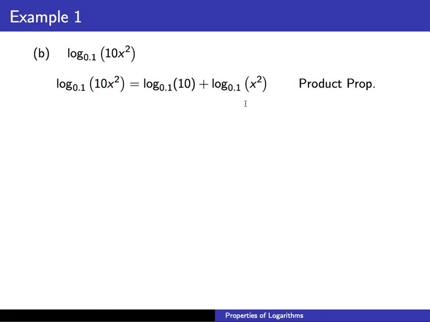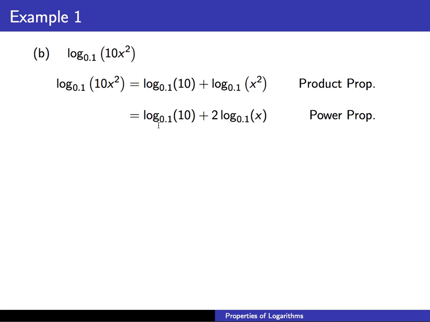Now looking at this log base 0.1 of x squared first, we have a power for what we're taking the logarithm of, so we can use our power property to move that 2 that's in the exponent down in front of the logarithm. So our next step will have still log base 0.1 of 10, but then plus 2 times log base 0.1 of x using our power property.